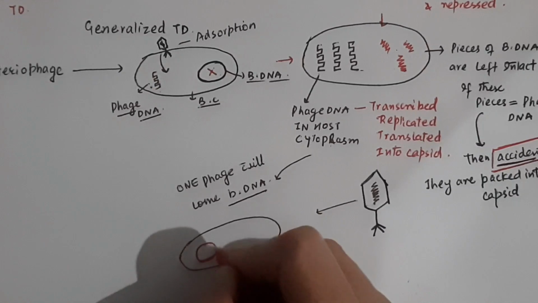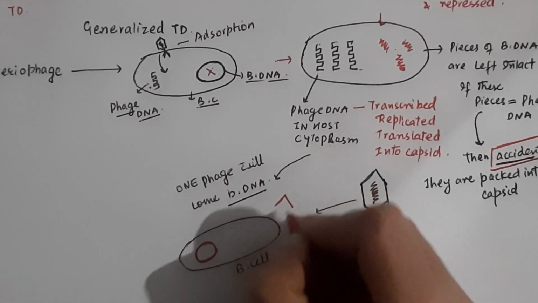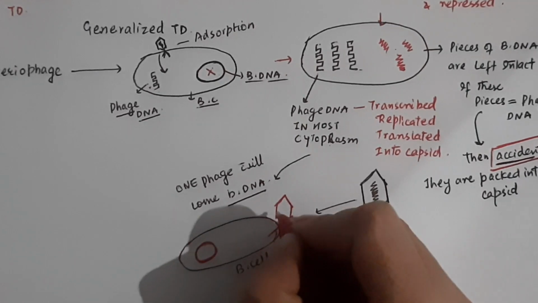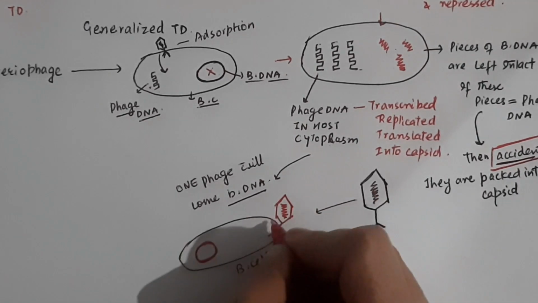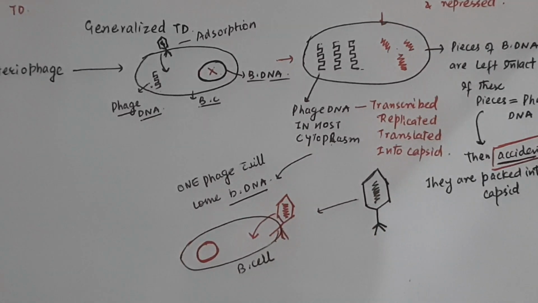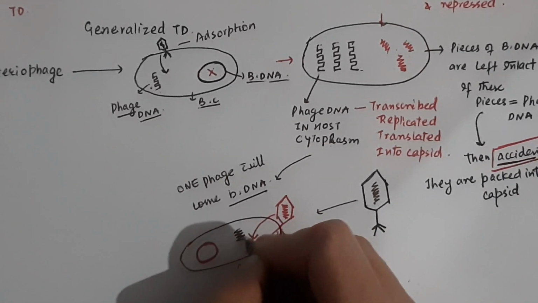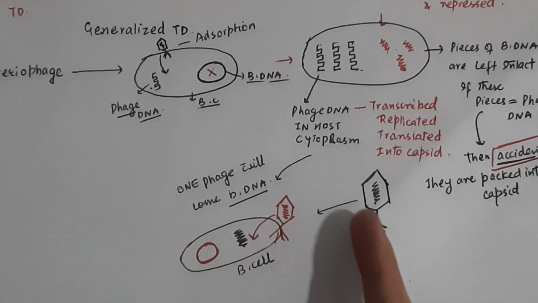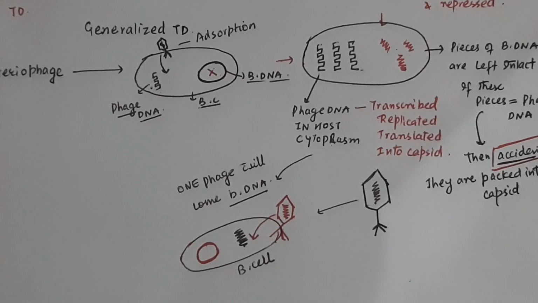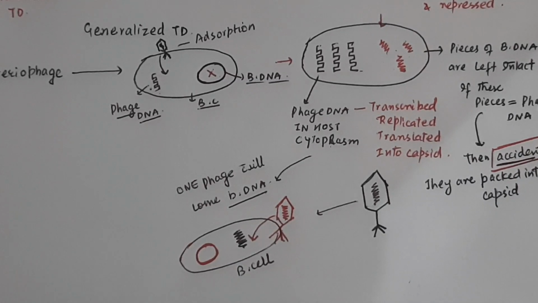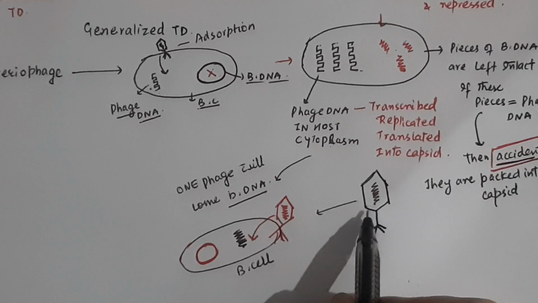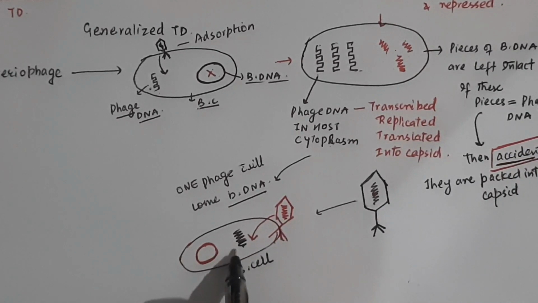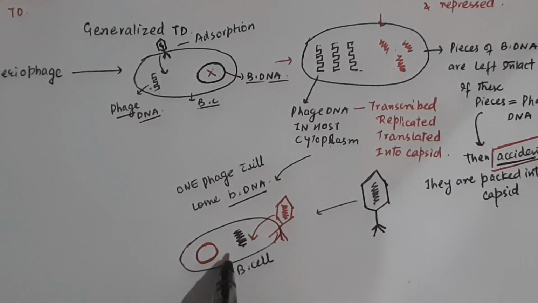This is the bacterial cell, and this bacteriophage with the bacterial DNA will get transported into the other bacterial cell. That is how the bacteriophage with the DNA of the bacteria is transported to another bacterial cell.